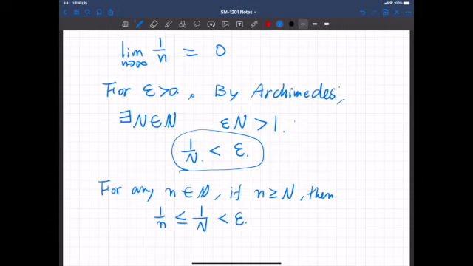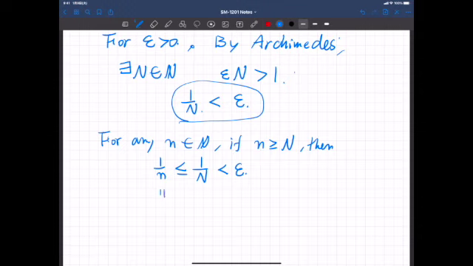So this means this converges to 0, because this is of course equal to the absolute value of 1 over n minus 0. For whatever the value of epsilon is, as long as it's positive, we can always find a natural number that is large enough to satisfy this inequality. So if n is greater than this capital N, then this is always less than any epsilon.